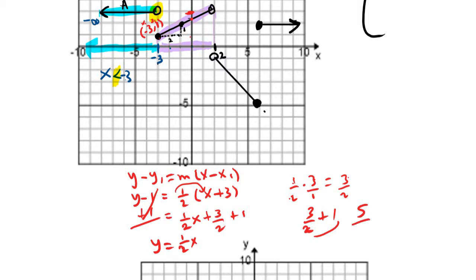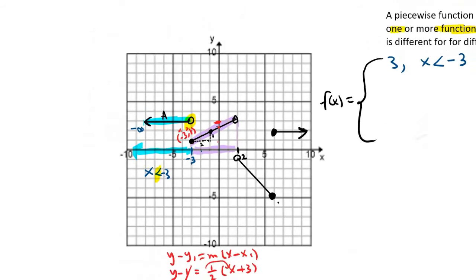So it's actually 5/2. So the equation for this line is 1/2 x plus 5/2. I'm going to copy that to the function rule.